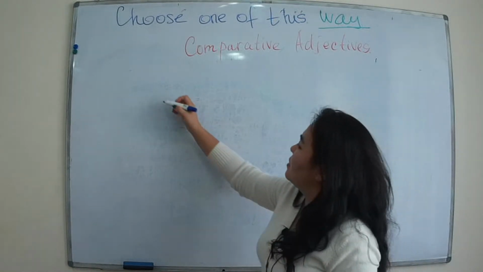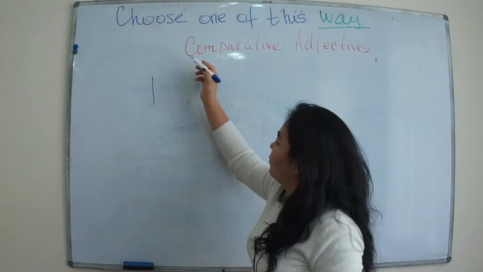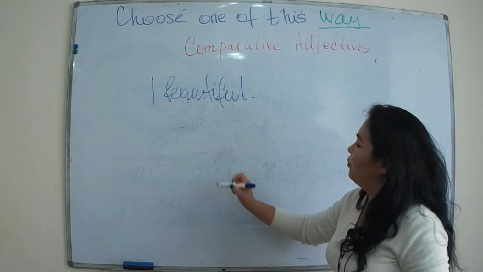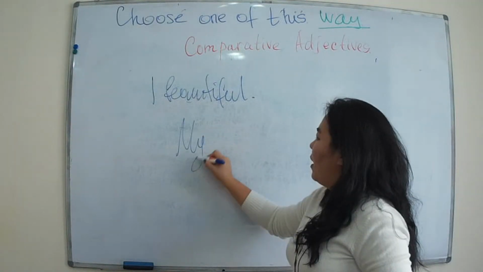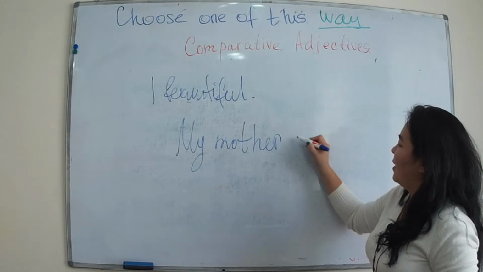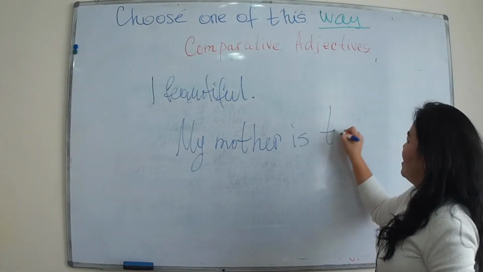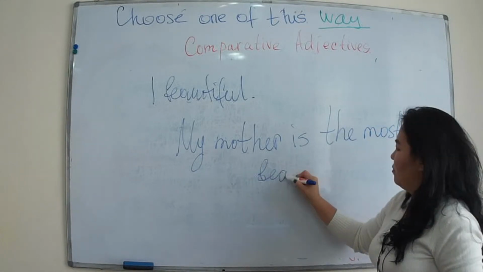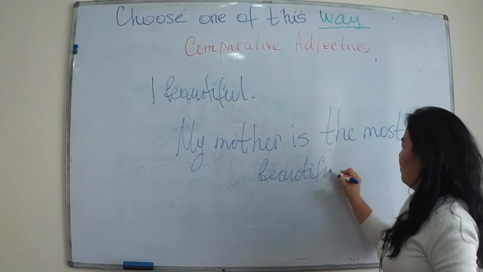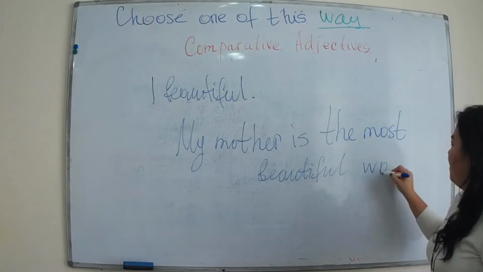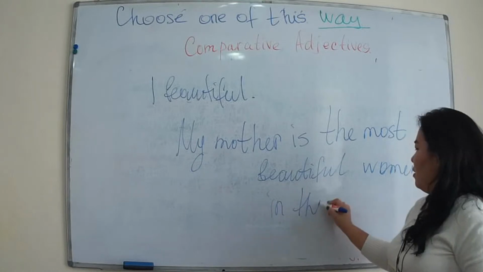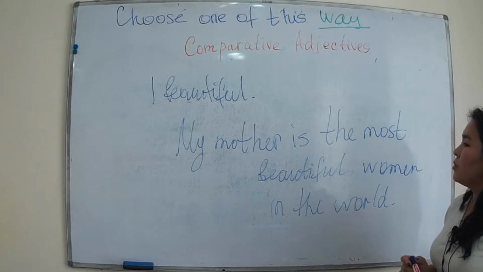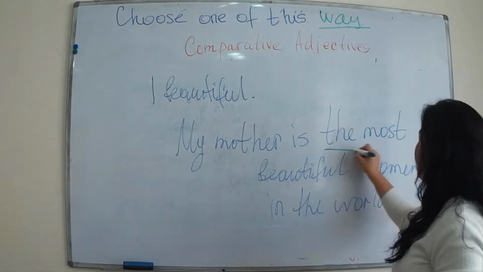We see, for example, beautiful, and we say my mother is the most beautiful woman in the world. Here we use the helper the most.